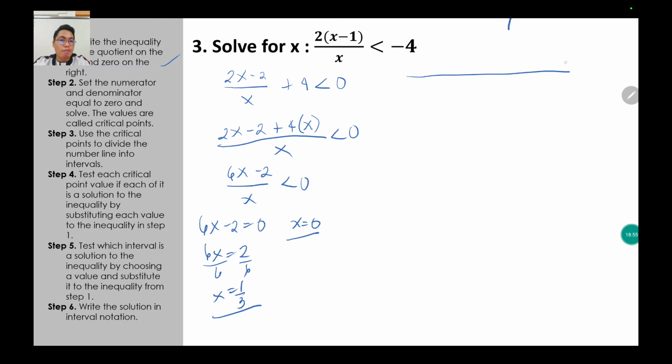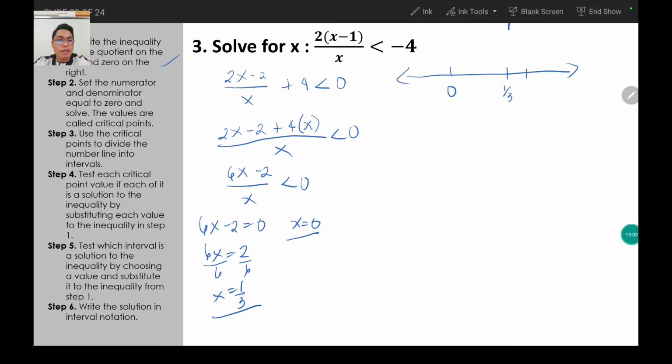So we draw now the number line. So we have here the 0 and we have here the 1/3.